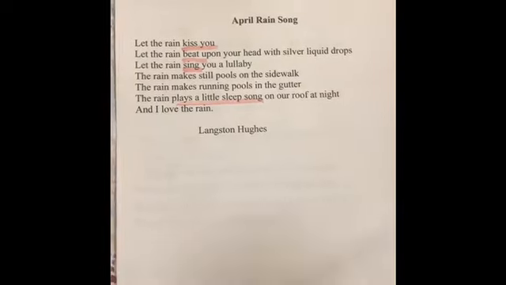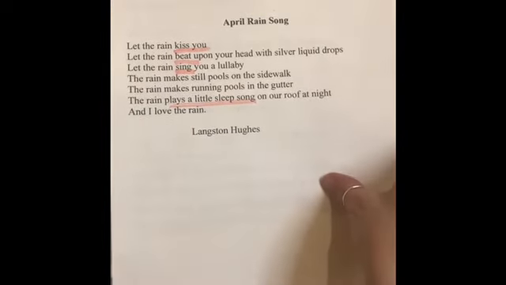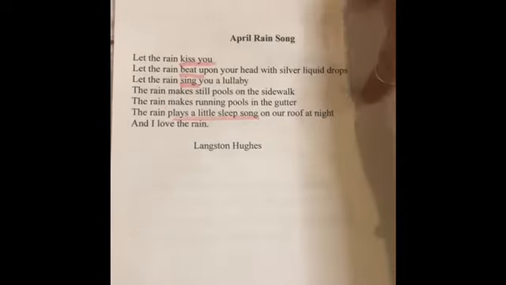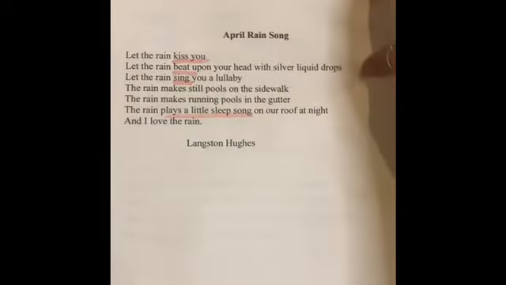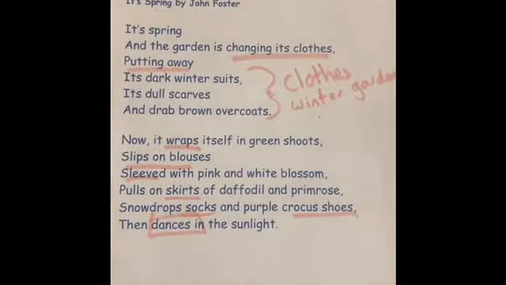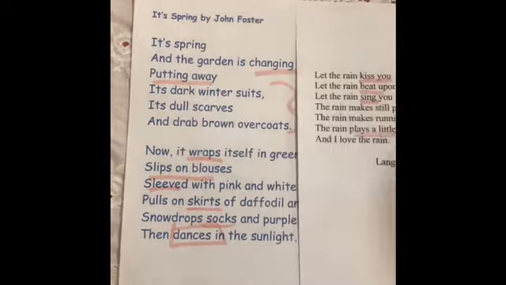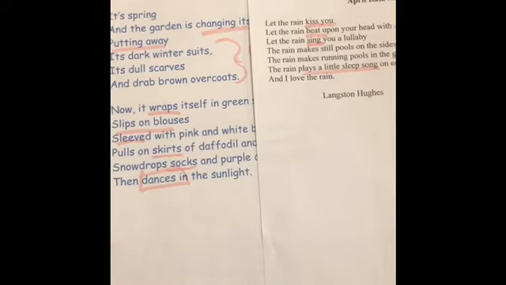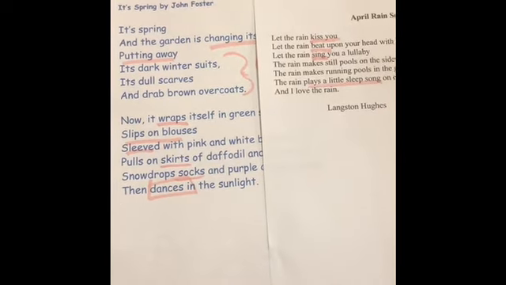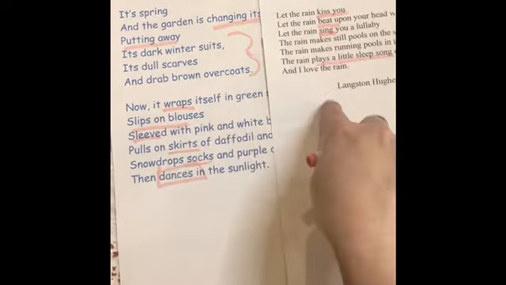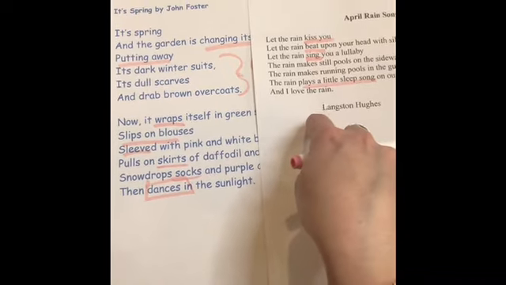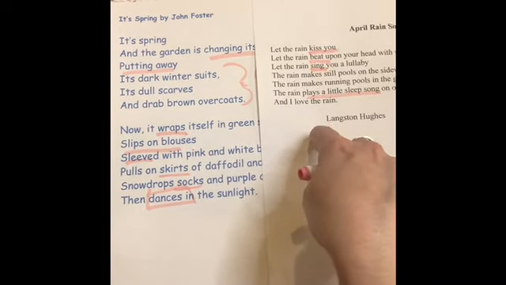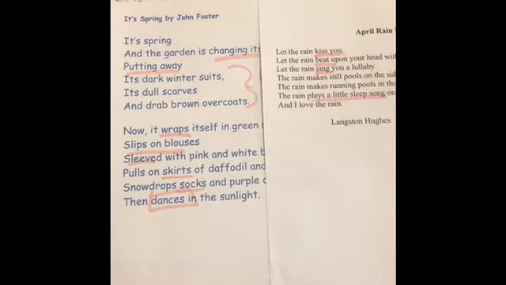So third graders, just like the poet in the last poem that we read, John Foster, this poet, Langston Hughes, has used personification. They've really made spring and spring rain come alive by giving spring some human characteristics.